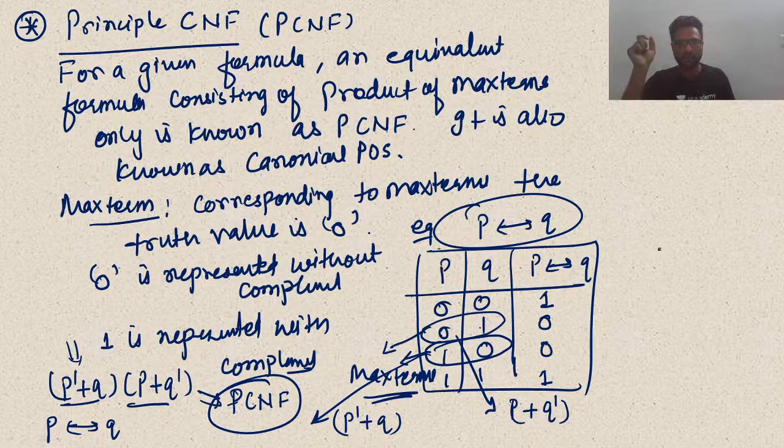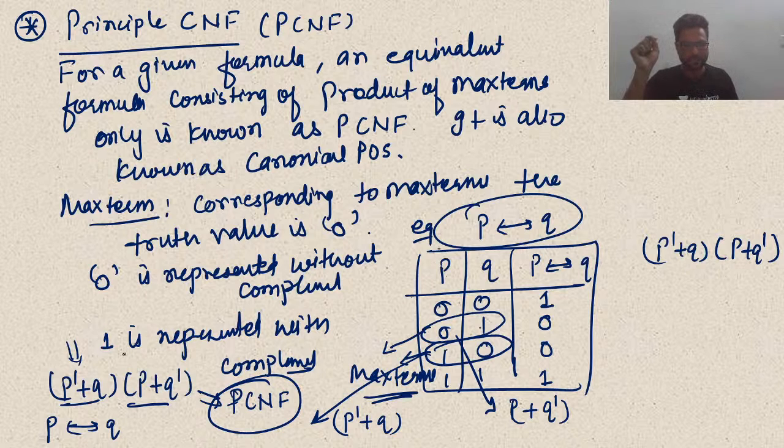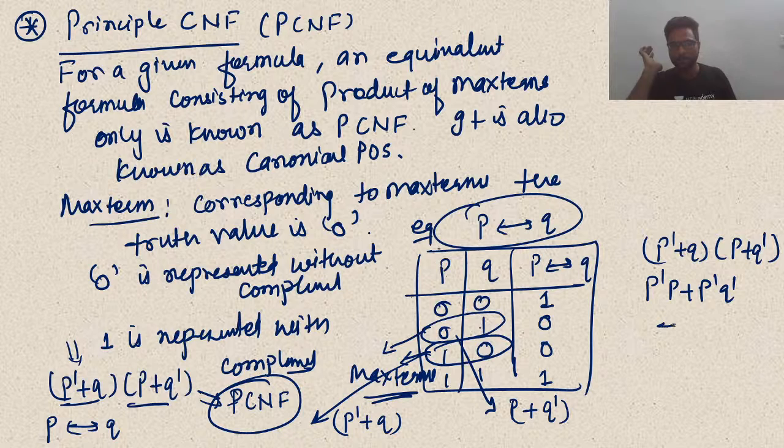You can verify: P dash plus Q, and P plus Q dash. So we multiply these: P dash P plus P dash Q dash plus PQ plus QQ dash. This becomes 0, this is also going to be 0.